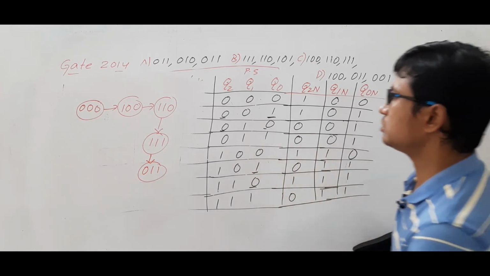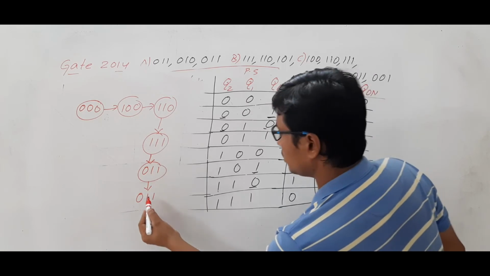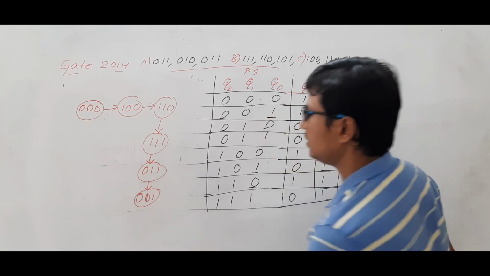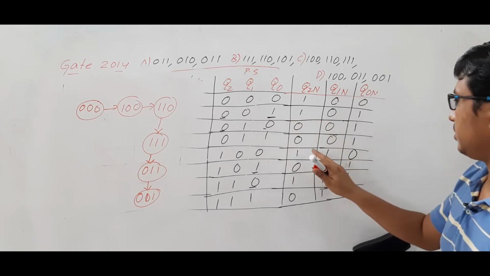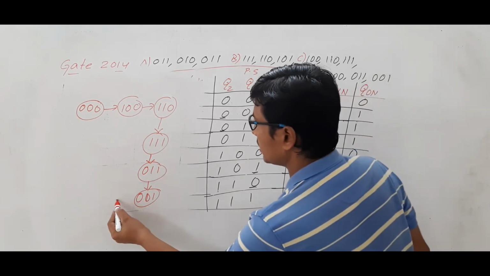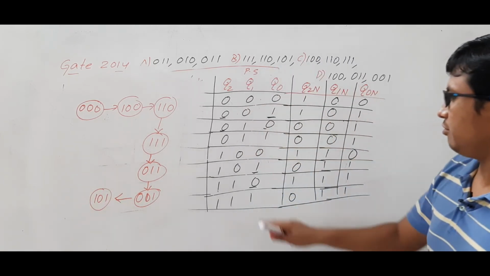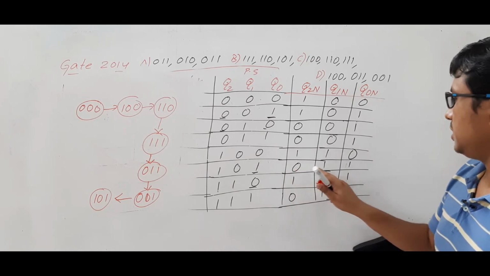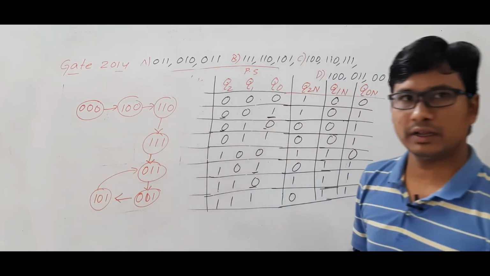It went to 0, 0, 1. From 0, 0, 1, it went to 1, 0, 1. From 1, 0, 1, it went to 0, 1, 1. Is it clear? Are you able to understand?